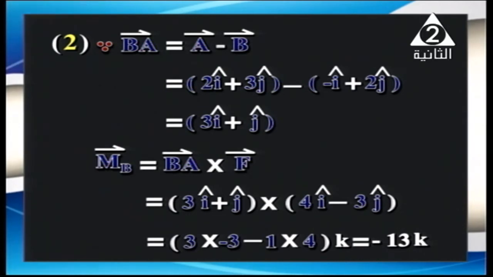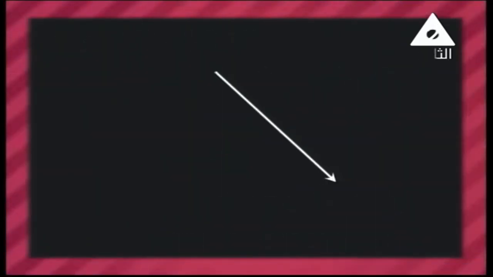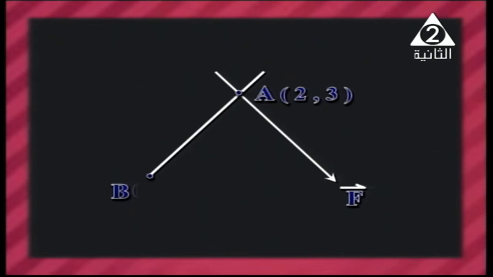Look, my dear student, point A is (2, 3), an ordered pair, but B is (-1, 2). The position vector is A minus B, to find the R vector, and R vector cross F vector equals the moment about point B.